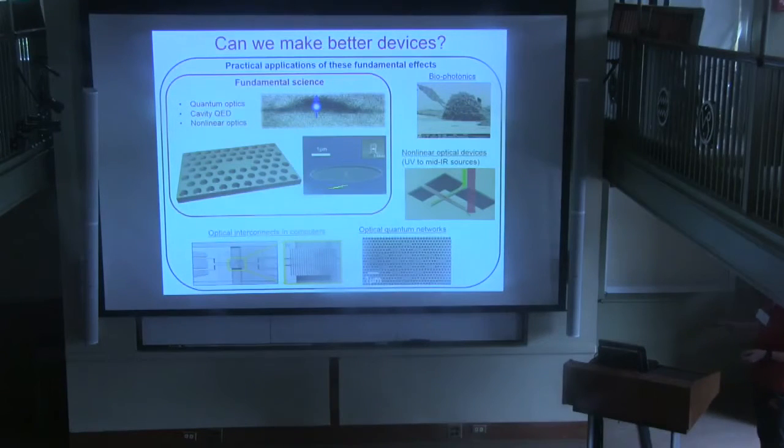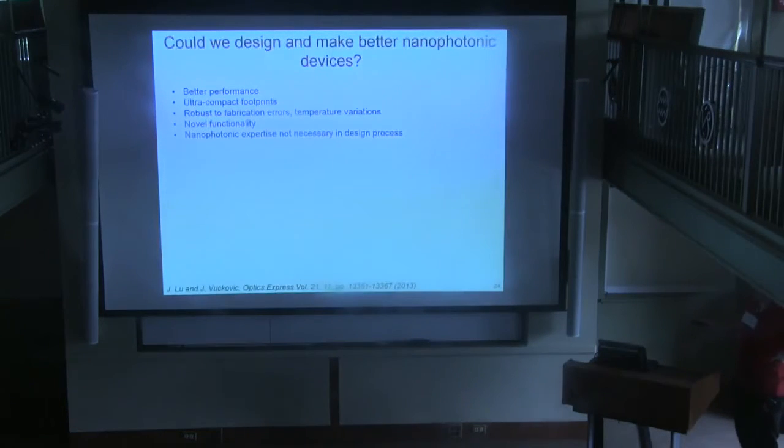So Yelena's lab asked some time ago if there's a way to do that more efficiently. And in general, what you would like to have on a nanostructure is a good performance, a small footprint, robustness against fabrication errors and temperature variation, probably novel functionality, and it should be with as little human input as possible.